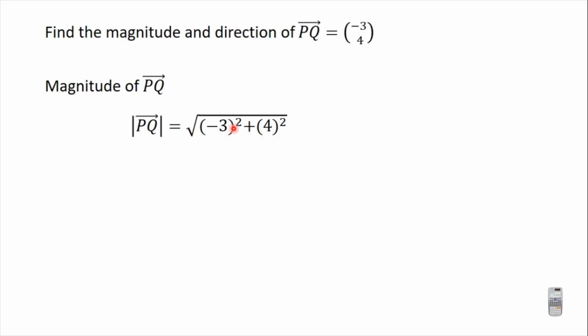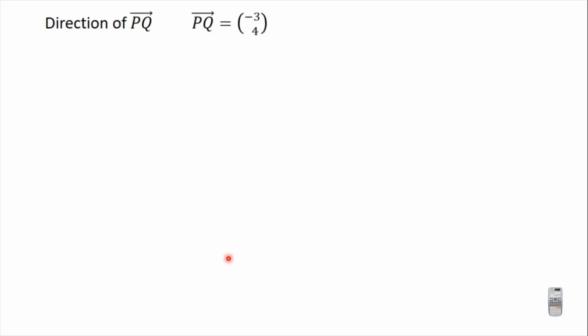Once again, don't forget to put the -3 in a bracket because it's a negative number. So this will give us square root of 25. Square root of 25 is 5, but the question told us to leave our answer in one decimal place, so 5.0 units.